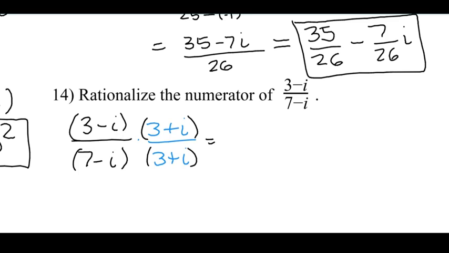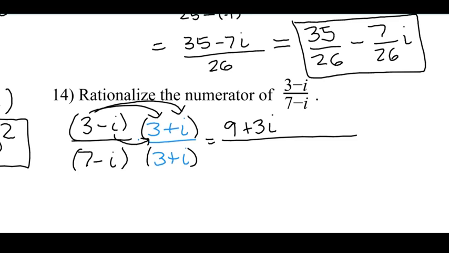Okay, so if we FOIL out the top, we have 3 times 3, so that's 9. We have, let's just draw an arrow there, 3 times i, so plus 3i. We have negative i times 3, so negative 3i. And then negative i times i is negative i squared.